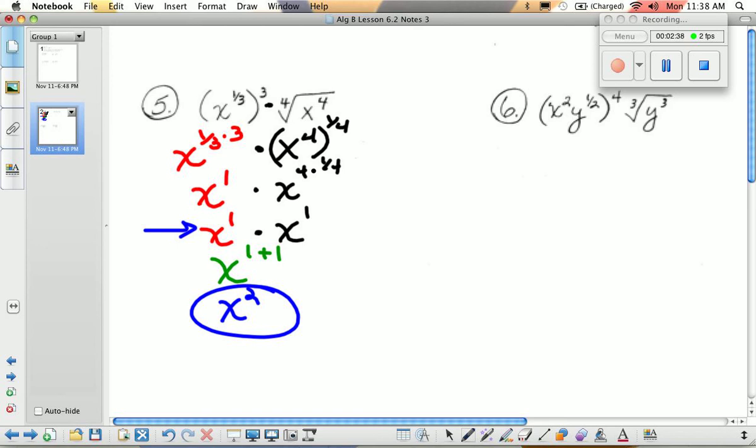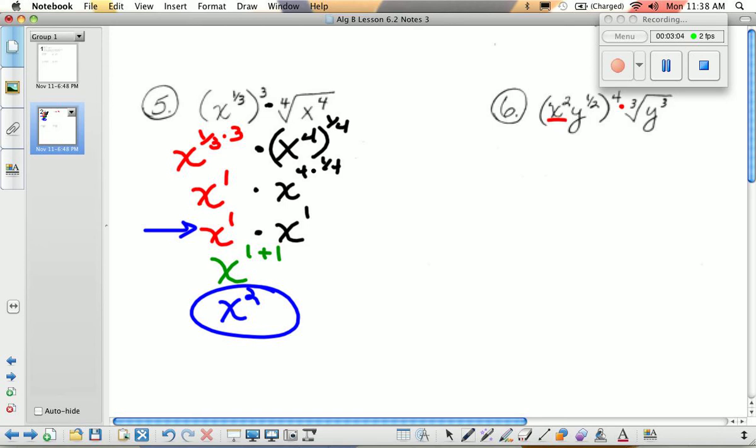Okay, then let's move on to the next one, where again we have a multiplication problem. There's a multiplication dot really in between there. So we have the x squared y to the 1/2 power, that product being raised to the 4th power. Well, what do we do when we have a product to a power? Multiply. Well, what has to happen with these? What kind of multiplying is going on here?